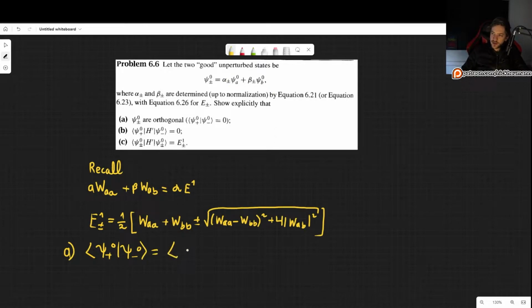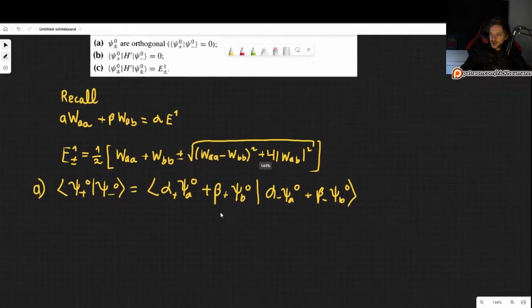So the bra of alpha plus psi A 0, actually, it looks like I'm adding them, so I'm going to do it like this: alpha plus psi A 0 plus beta plus psi B 0. And now we are taking the inner product. So here we write down the other one: alpha minus psi A 0 plus beta minus psi B 0.